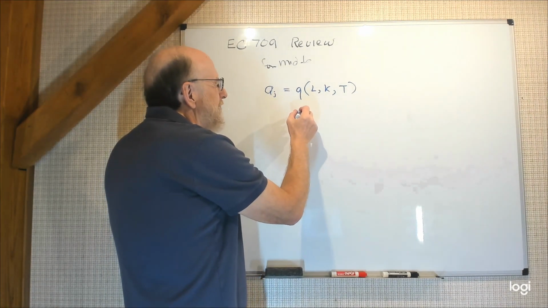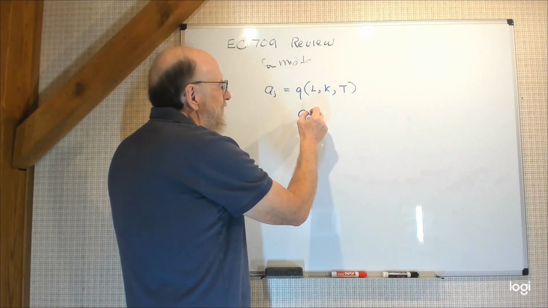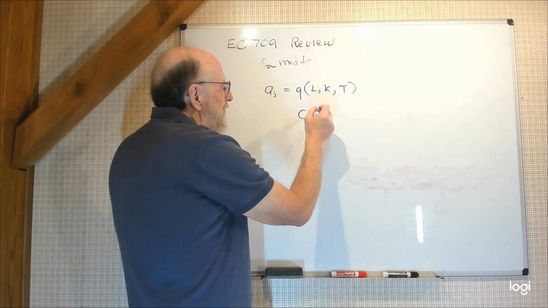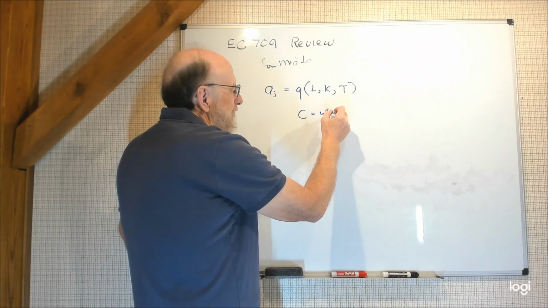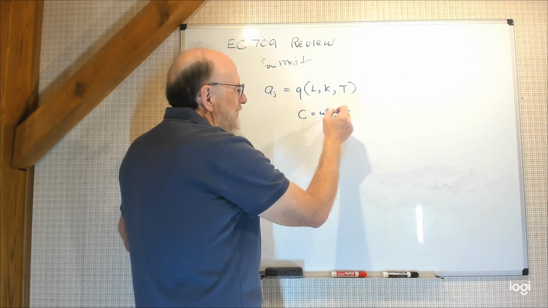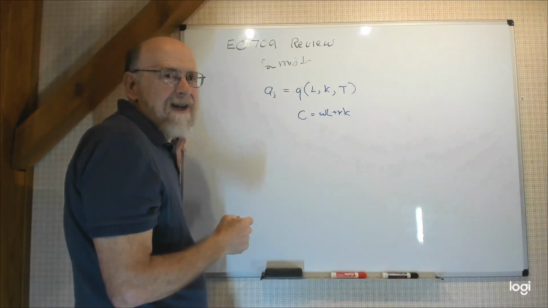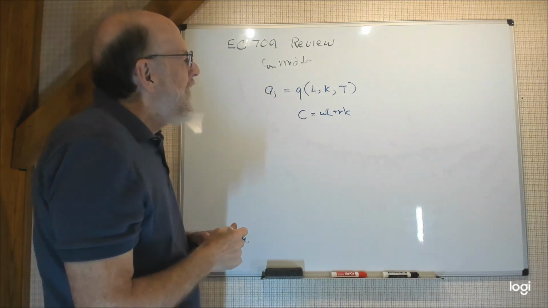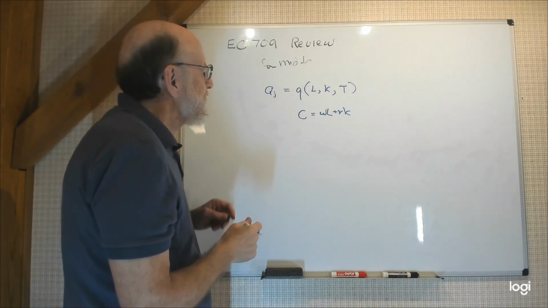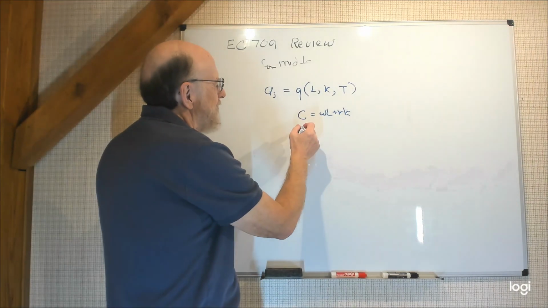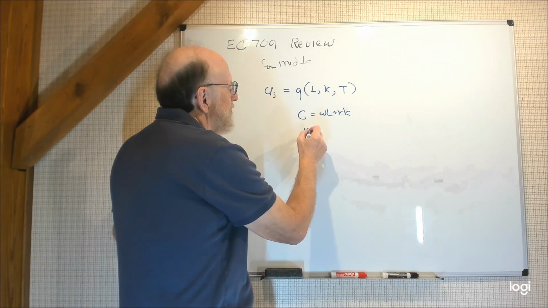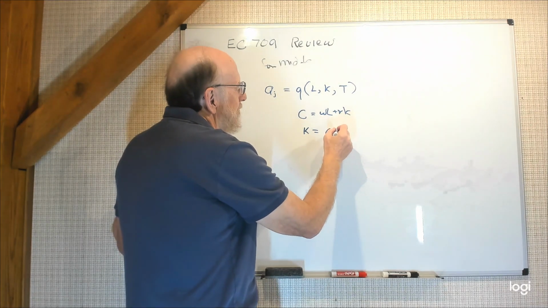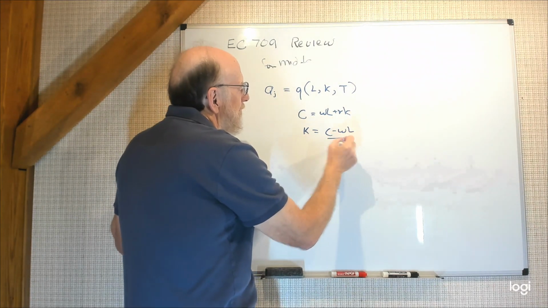We know that the cost of this output is going to look like WL plus RK, assuming the technology is fixed. And that means we can write, say, capital like that.